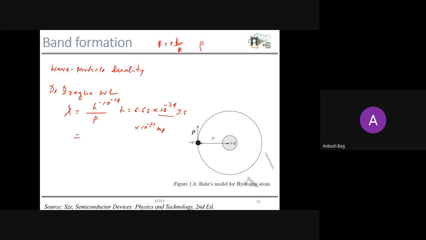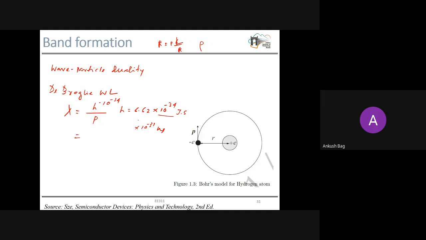If you calculate this lambda, it will be of some significance. So it will get a significant value. That is why we need to consider these subatomic particles as waves, and we are able to notice this wave behavior.